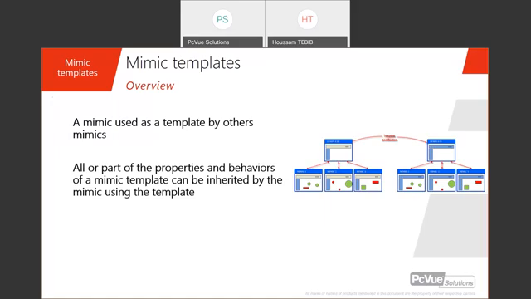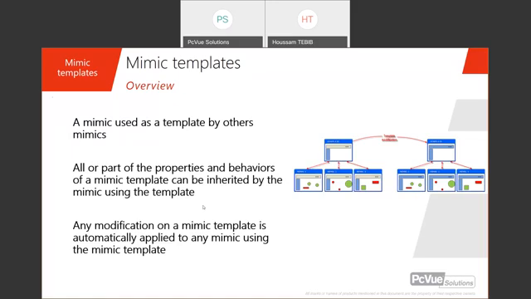Your new mimic can inherit from the template. And the really interesting thing is that if you modify anything in your template mimic, this modification is automatically and in real time applied to any mimic using this mimic template. So this is very powerful.